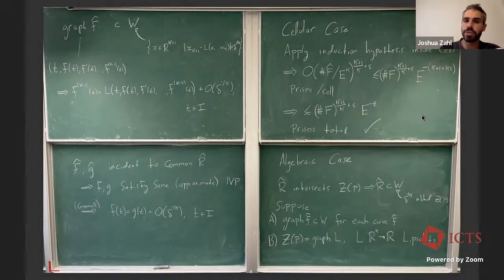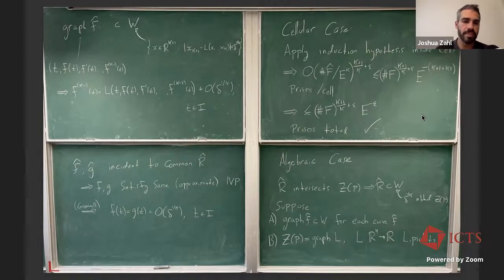And to be tangent to a common rectangle means that they satisfy the same initial value problem, because at a point in that rectangle, the functions agree up to a certain accuracy, and their derivatives agree, and their second derivatives agree, and so on, all the way up to their (k minus 1)th derivatives, but certainly to their (k minus 2)th derivatives. So that's exactly what an initial value problem is.